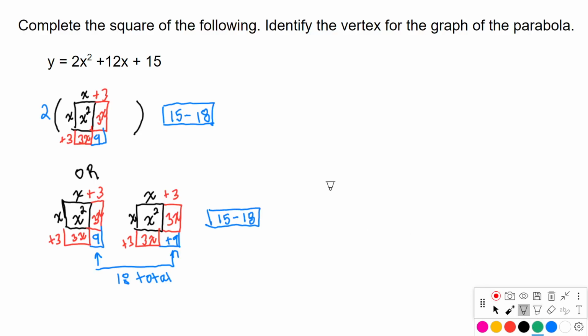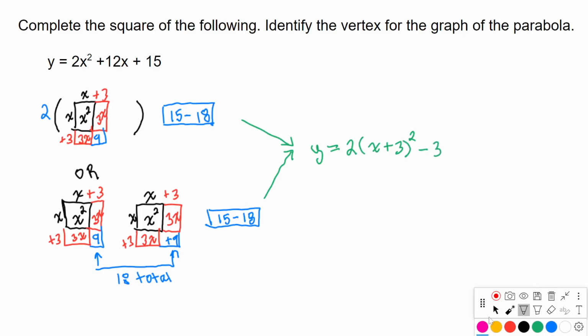Either way, what I'm going to end up with for my equation is y equals 2 times x plus 3 squared. 15 subtract 18 is minus 3.